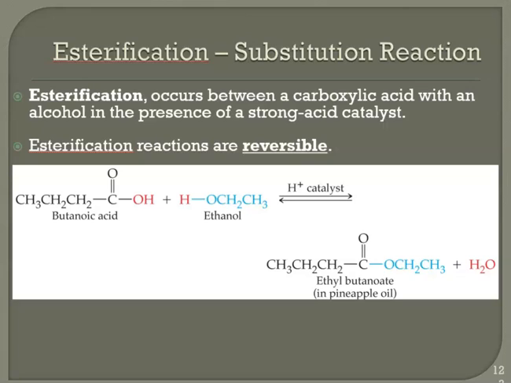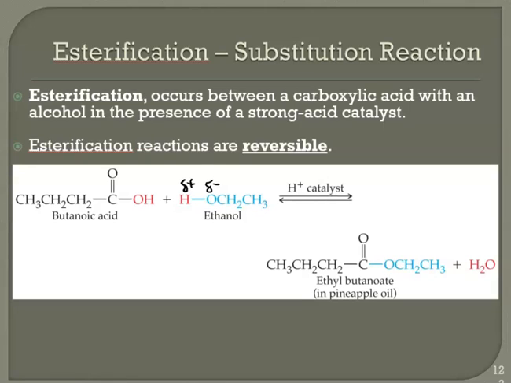So if we're going to look at some of the chemical reactions that these undergo, this is starting with a carboxylic acid and ethanol. So butanoic acid and ethanol, we're going to have this. Remember, this is going to be a partially negative, partially positive group.